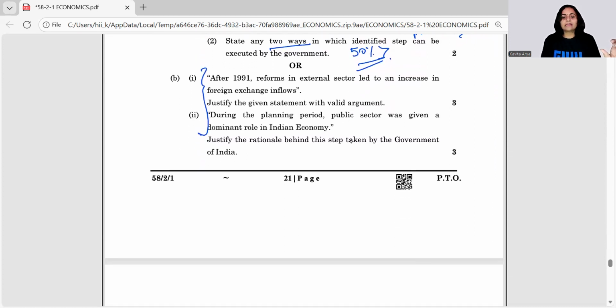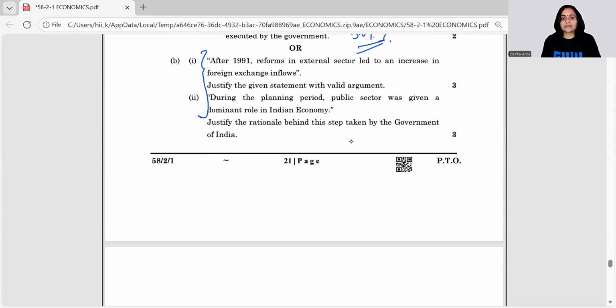Now, after 1991, reforms in the external sector led to an increase in foreign exchange inflows. How and why? Let us understand. After 1991, a major thing in this regard was devaluation, and devaluation simply made our currency cheaper for the external world.